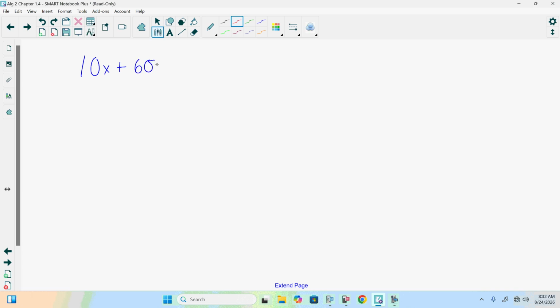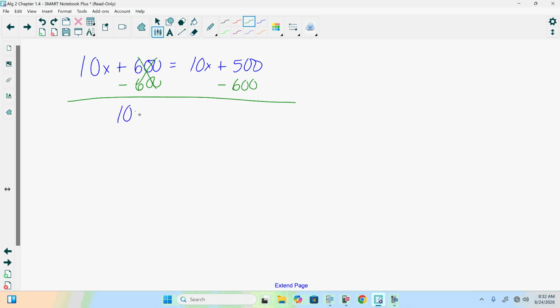You do not need to write this. Because if I went about solving it, 10x equals 10x minus 100.